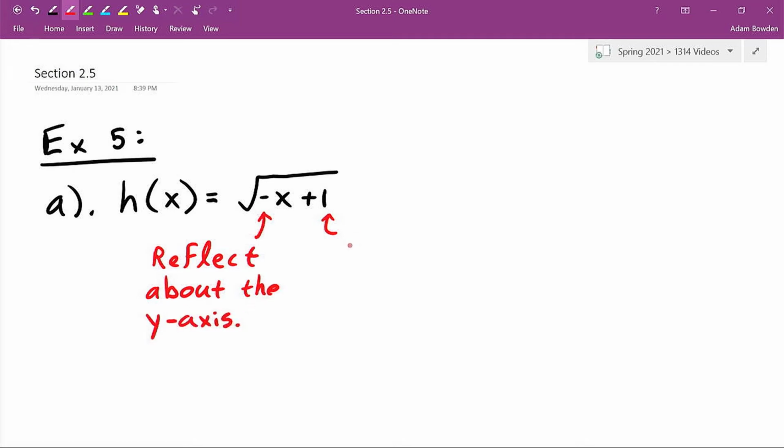The plus 1 is going to cause it to shift horizontally to the left by 1 unit. We look at the order these need to come in. It says that horizontal shifting has to come first, and then reflections would come after that.